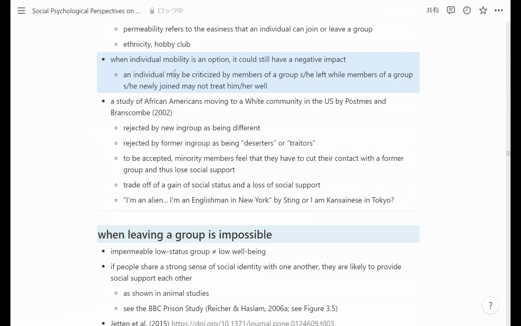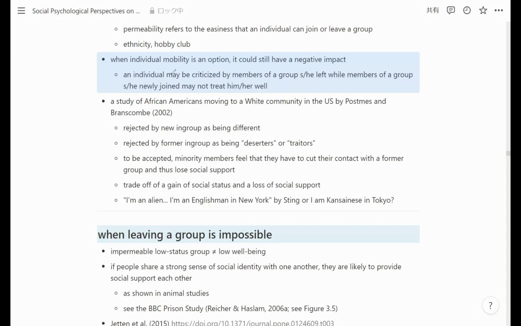Basically, when people use the strategy of individual mobility, they leave their old identity. They leave their old group, and thus they lose one identity as well as a source of social support. And then when they enter a new group, they may have trouble identifying with their new group.